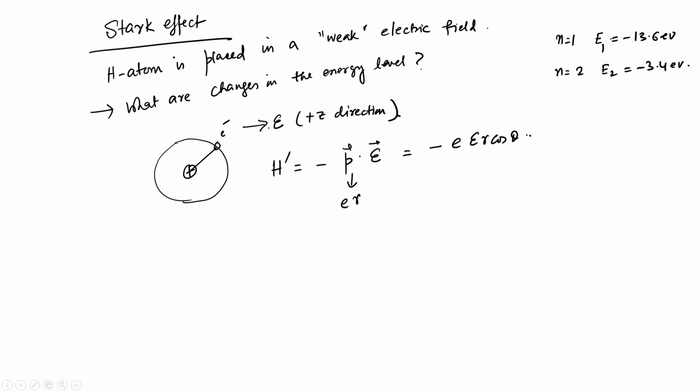There is an angle between the P and the direction of E, and that is why it is minus E E R cos theta. Usually, because of this minus sign, and we have that electric charge to be also negative, we put a positive sign here. So, P is equal to minus E R.